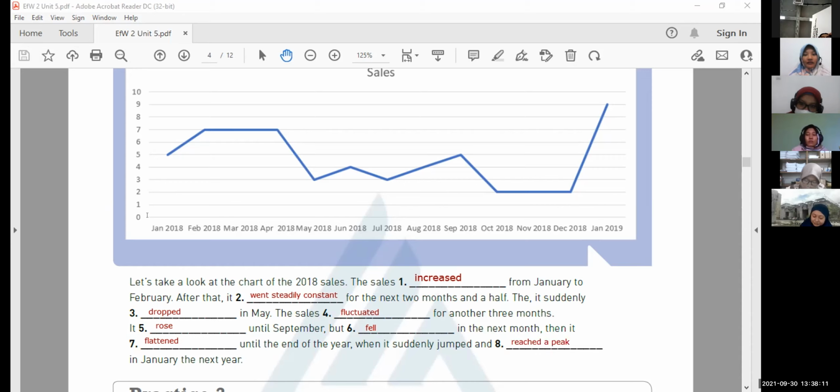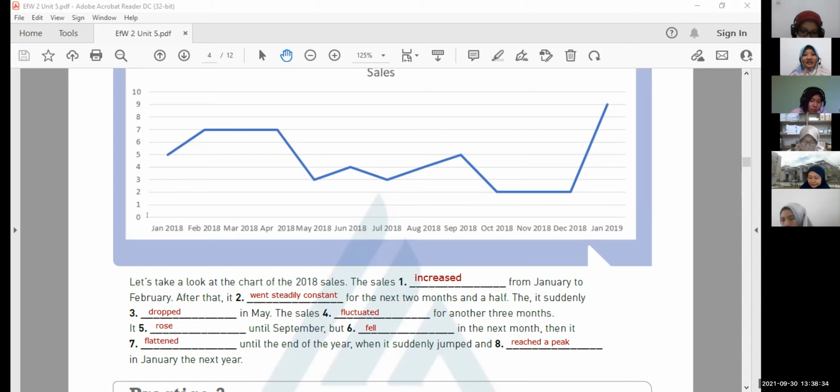Even though you didn't catch that fully, at least you know what words are used. All of them used past tense, right? Simple past tense, because it happened in 2018, in the past, and because we are now talking in 2021, of course it's in the past.